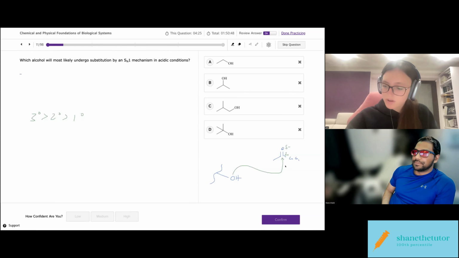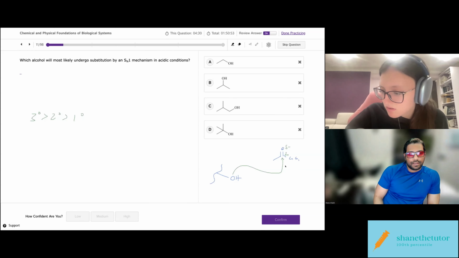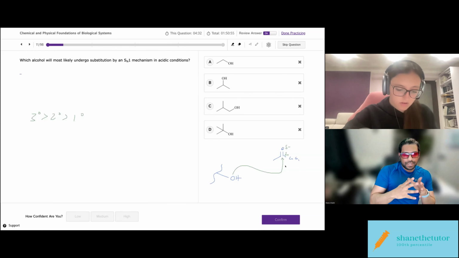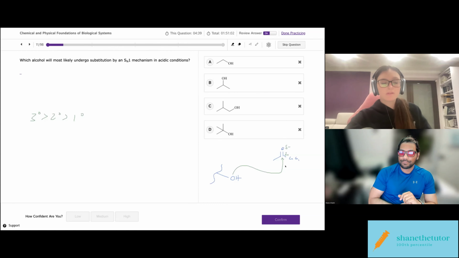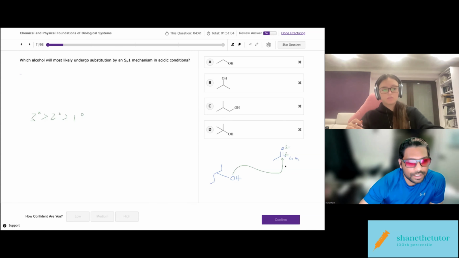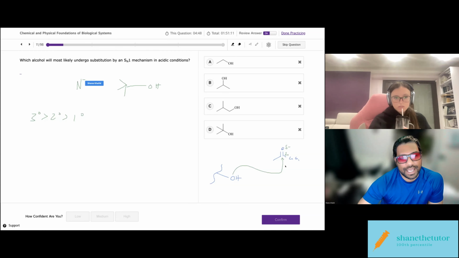And this is also because you're spreading a charge out across a larger area if it's tertiary. So not only would a tertiary electrophile prove to be, I'm just using N minus to be a nucleophile. This tertiary alcohol here has so much steric hindrance, it can't even do anything.